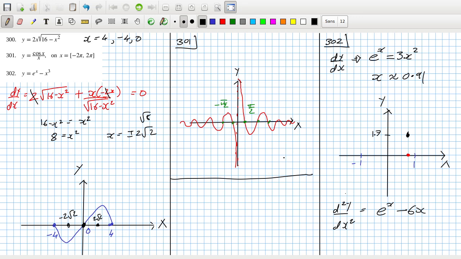See if it has a root anywhere. Okay, so it should come down. Ooh, this one's just a bit tough. Because I know minus x cubed will be like that, and then e to the x will be like this.